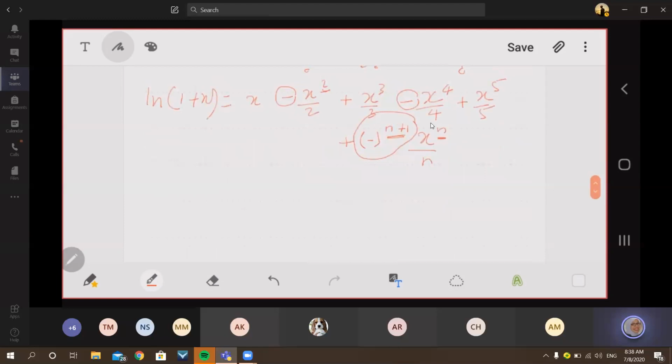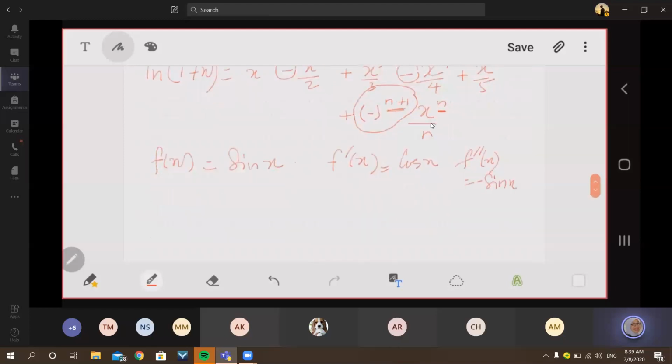You can try for any other function, let's say cos, sin. Let's say f of x is equal to sine x. So we know that f prime of x is equal to cos x, and then f double prime of x is equal to minus sine x, and so on. f triple prime of x is equal to minus cos x.